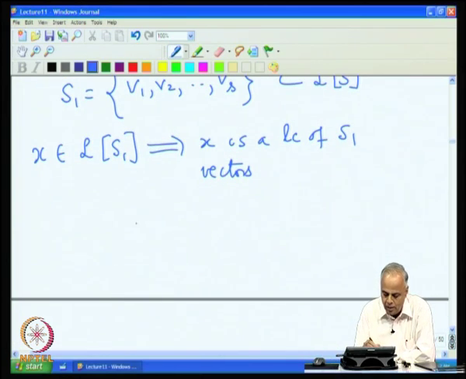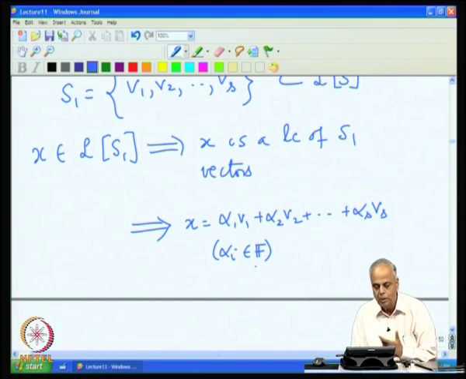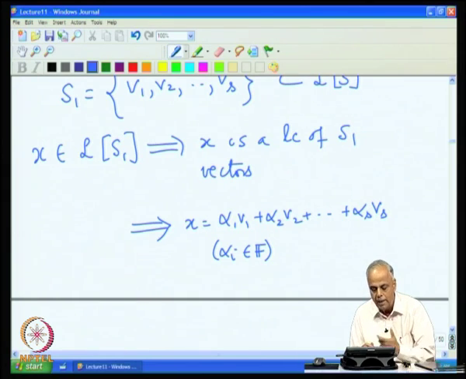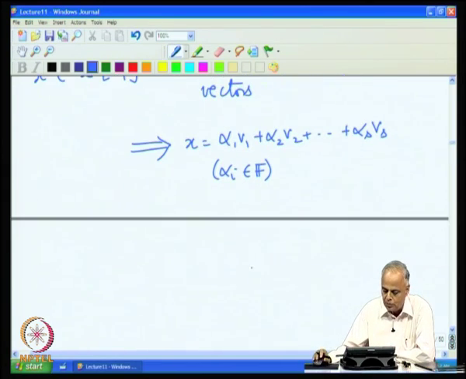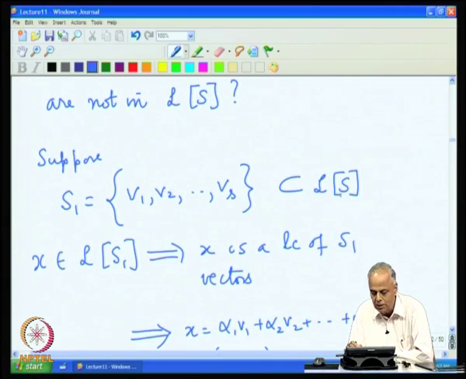What does that mean? That means we can write X as alpha 1 V1 plus alpha 2 V2 plus up to alpha s Vs, where these alpha i's are all in F. This is because S1 consists of these vectors V1, V2, Vs, and X is a linear combination of them. But now, where is this V1? V1 is sitting inside LS, but LS is the set of all linear combinations of S vectors.